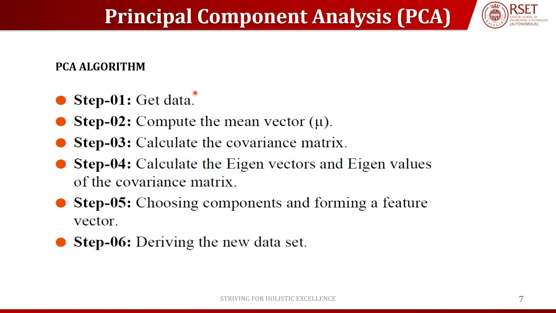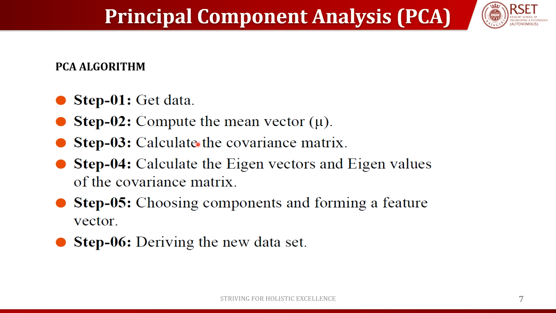Now let us look at the computational process, that is the PCA algorithm. This is a step-by-step procedure to find those new principal components. Step 1 is get the data, that is our starting point, and step 2 we compute the mean vector mu. This finds the center of the data, which is the origin for our new component axes.